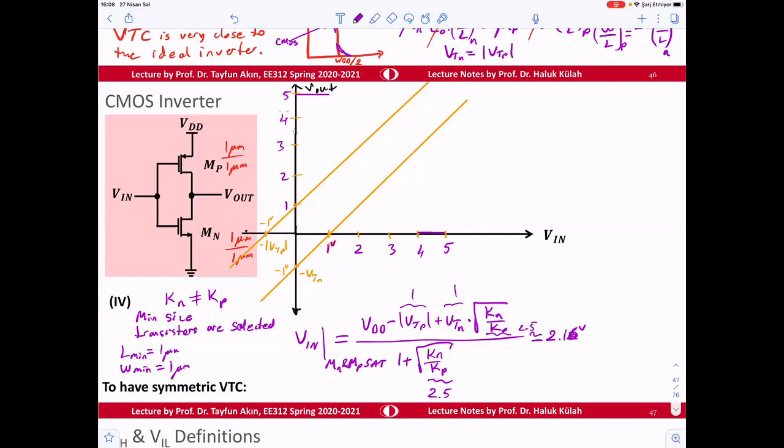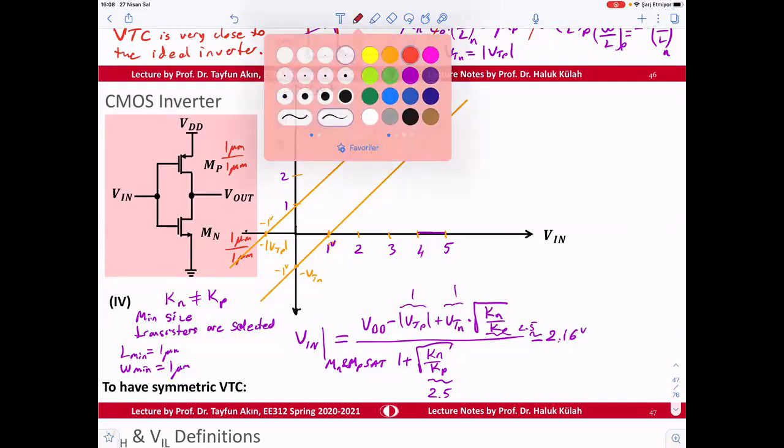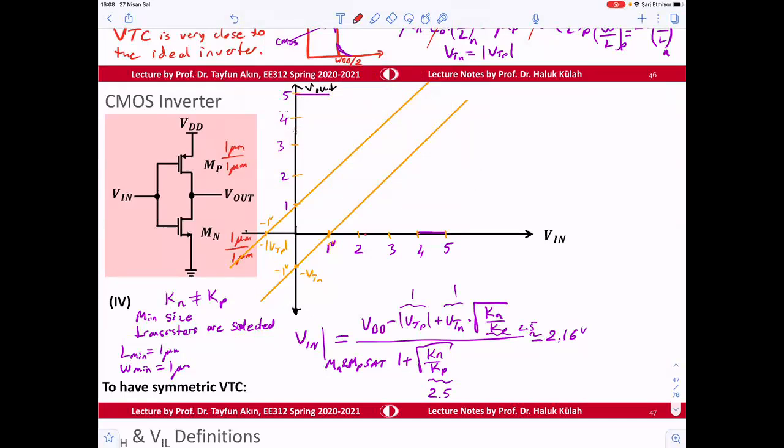You can do this calculation yourself. Probably it's going to be 2.16. So it's not going to be that bad. If you look at this, this will be here. The transition is going to be happening again at one point, and then you just need to combine this here.